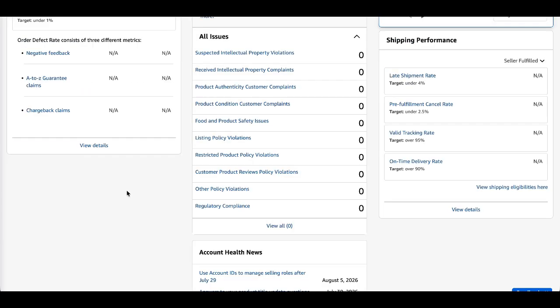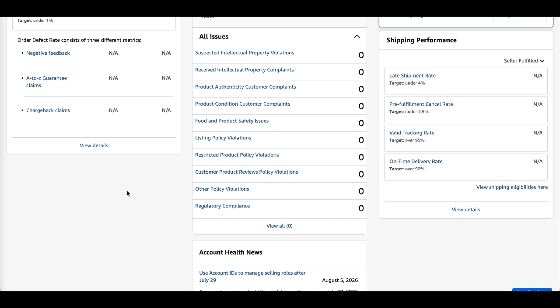Then we have the other policy violations. Other policy violations are normally pricing violations. Once Amazon sees that your listing is selling at a price higher than the external price, I have explained these terminologies very clearly in my previous video regarding pricing, you will receive the other policy violations. For that, you have to lower or match the pricing that Amazon has referred to you.